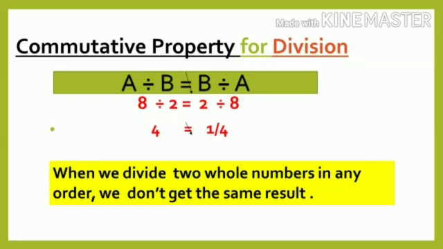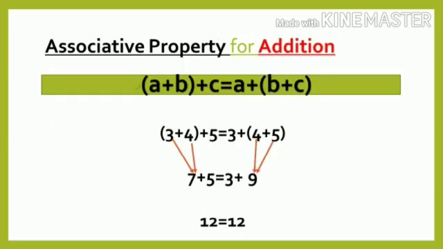You can compare these two numbers. 4 is a whole number, but 1 by 4 is not a whole number. It is a fractional part. So, according to the property, when we divide two whole numbers in any order, we don't get the same result. We get the same result for addition and multiplication only. For subtraction and division, we will not get the same result.